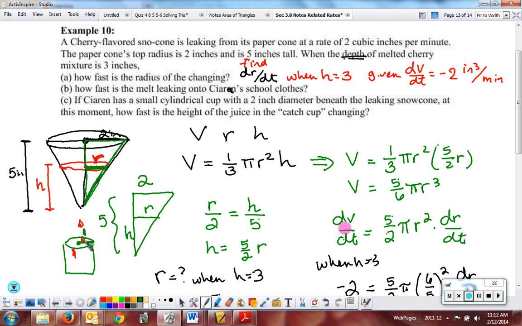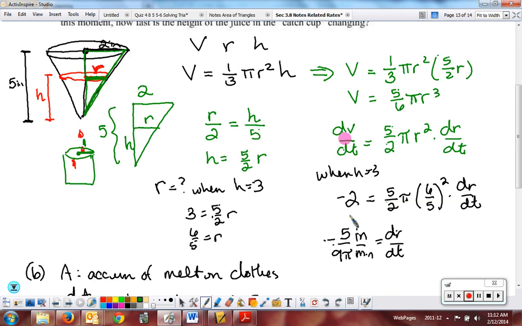How fast is the height in the catch cup changing? As it accumulates down here in the catch cup, all my little liquid down there, where's my variable? The height, we already used H and R up here, so maybe we could do H sub 2, R sub 2 here.